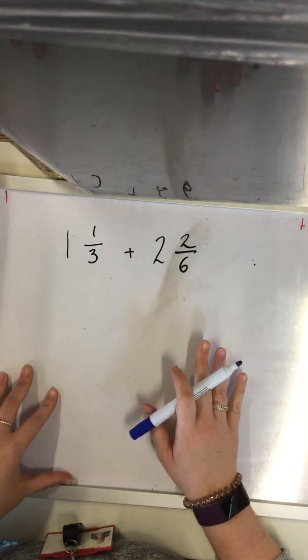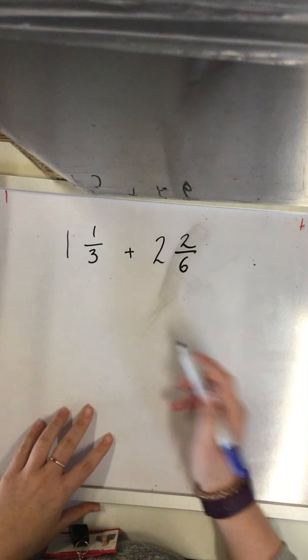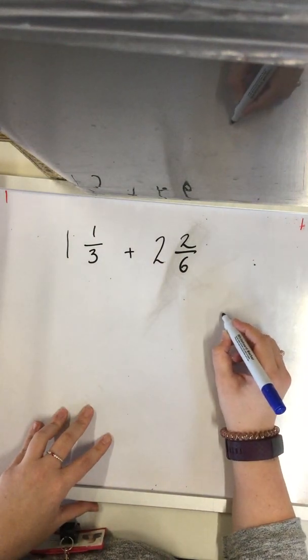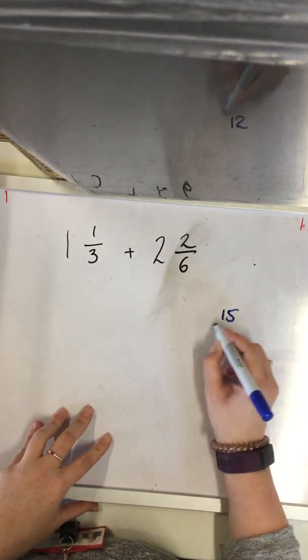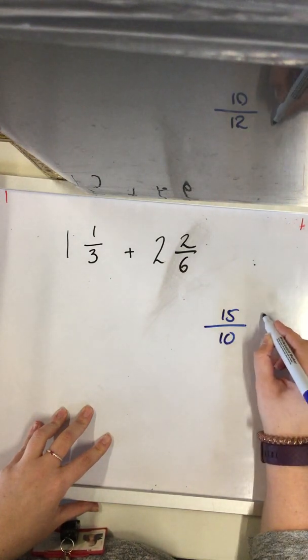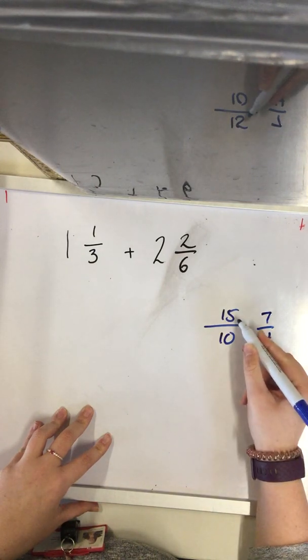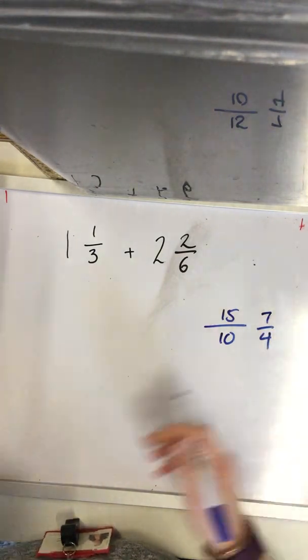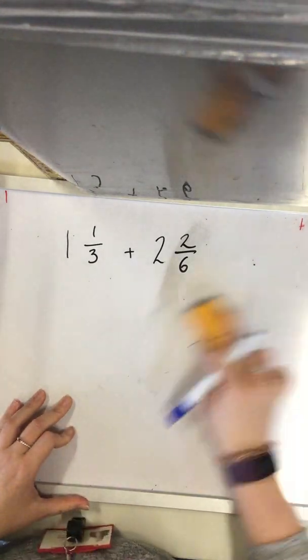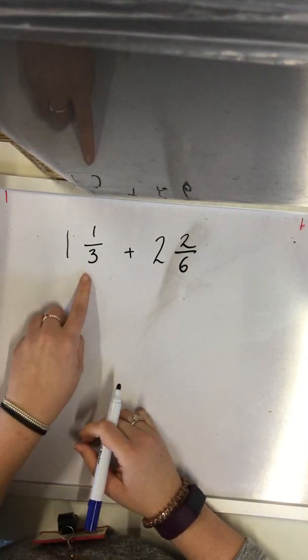No, that's a lie. We're going to convert a mixed number into an improper fraction. We should remember improper fractions are when we have a number that is larger on top. Like these two, for example. 15 is larger than 10. 7 is larger than 4. That's what we're going to do. These are friendlier to work with.